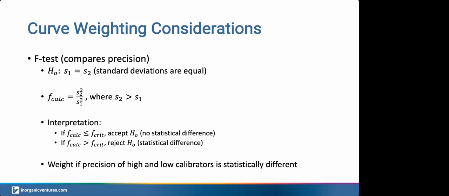You don't want to minimize too much error and make your results too good. It's better to overestimate error than underestimate it. An alternative to calibration curve weighting is to use more calibrators and/or more replicate measurements to reduce error in the curve, as well as overall error in the results.